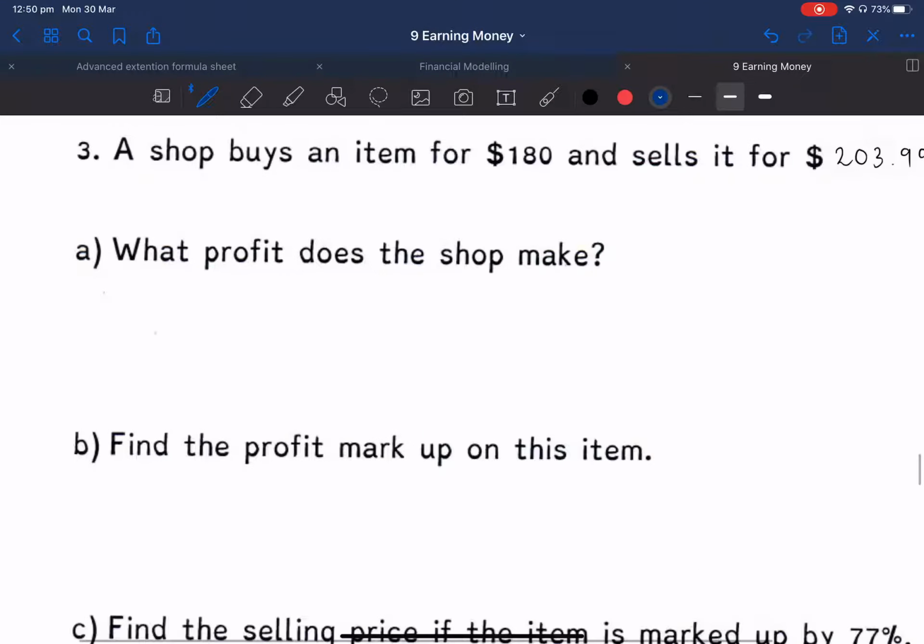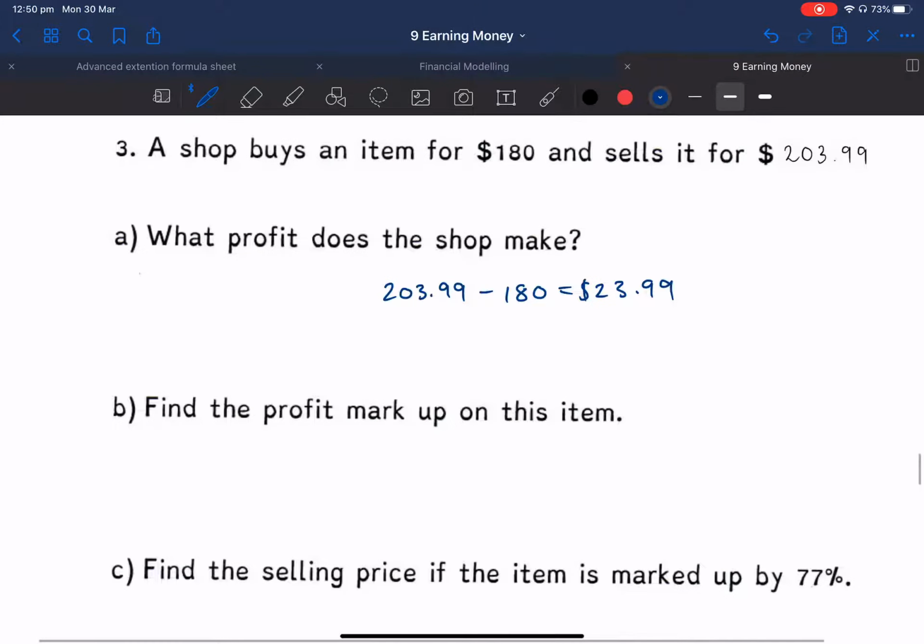So what we're going to need to do is we're going to figure out, well, how much extra did they get? It was $203.99. Take away what they paid for the item, and they're going to be getting $23.99 per item.